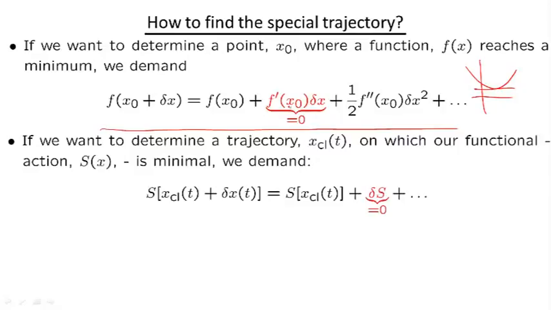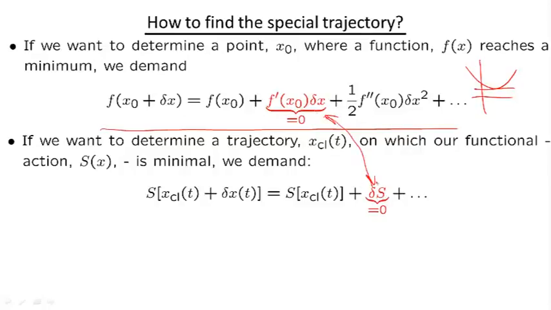Now, in analogy to this, if we have a functional, in particular our action S of x, then to determine a particular trajectory, which we will identify as the classical trajectory, we have to demand that if we calculate this action in the vicinity of the classical trajectory, for which the action is minimal, the first variation, the analogous part to the first derivative, is going to vanish.